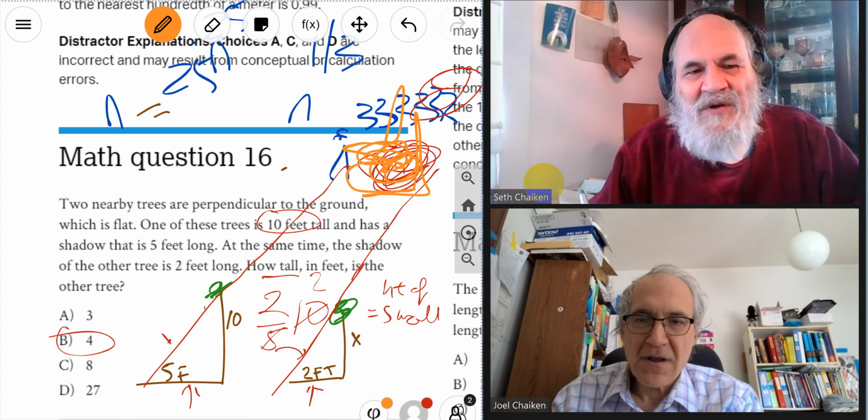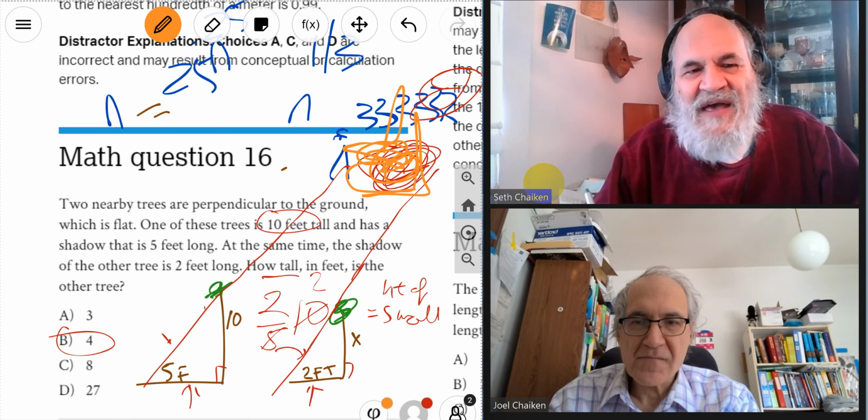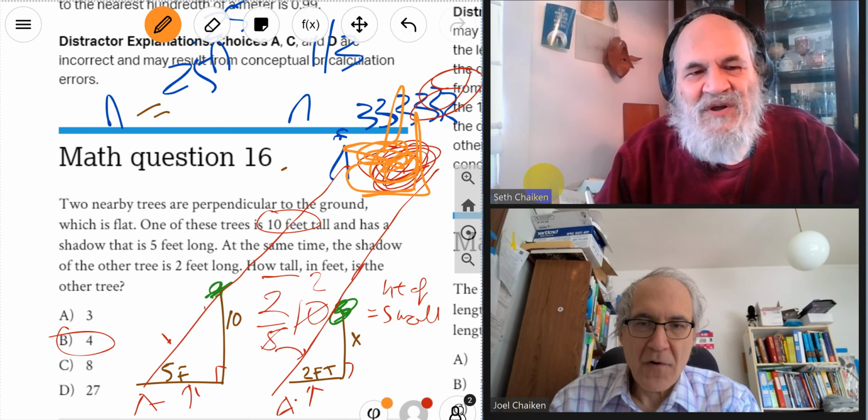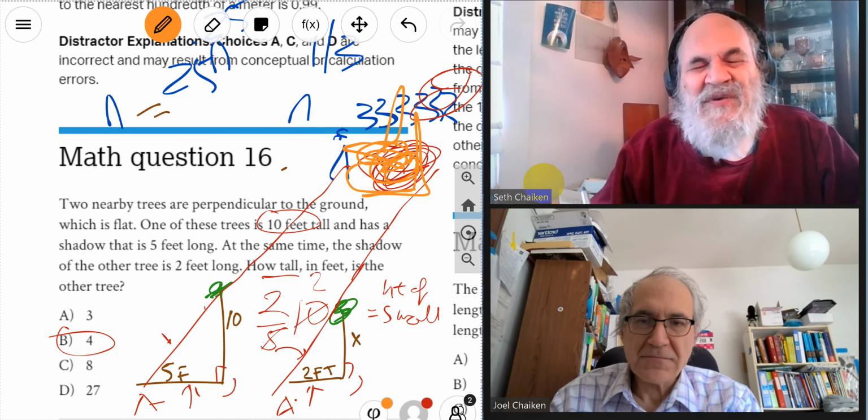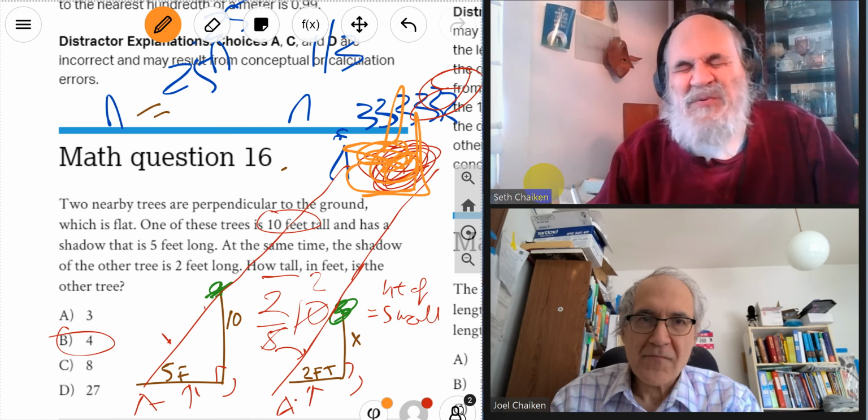The trees are perpendicular to the ground, so we have two equal angles. Angle A and angle A are equal, and the two right angles are equal. We have the angle property of similarity of triangles. The triangles are similar, corresponding sides are in proportion.